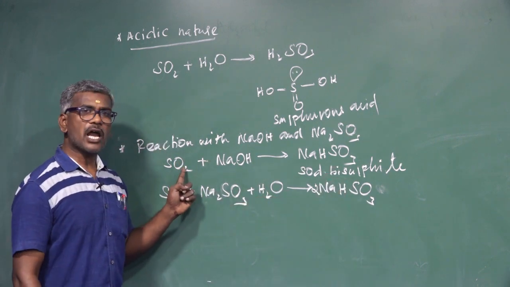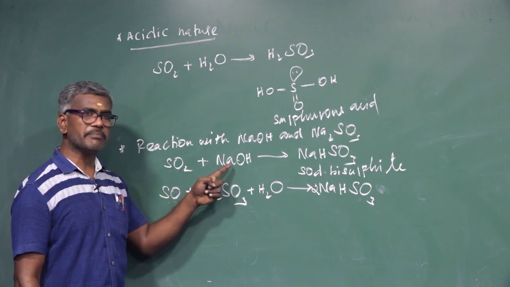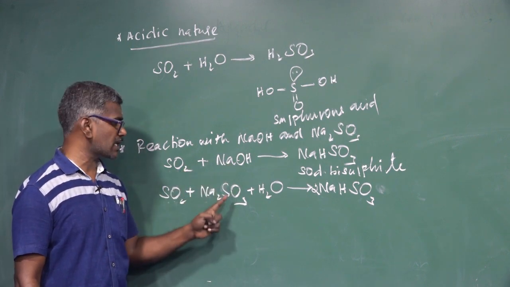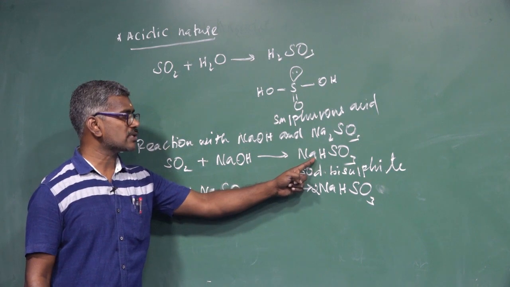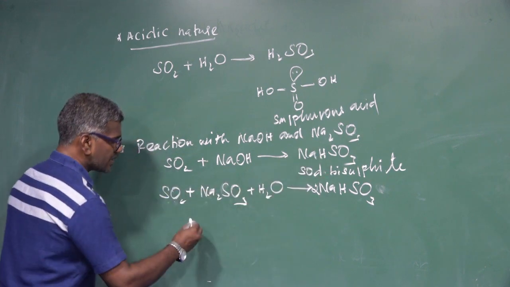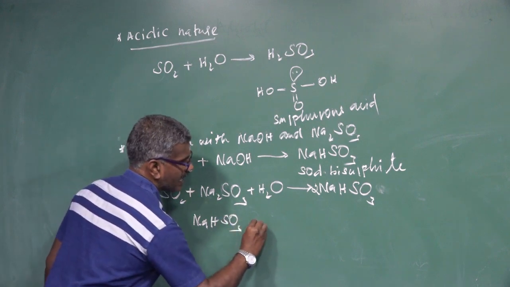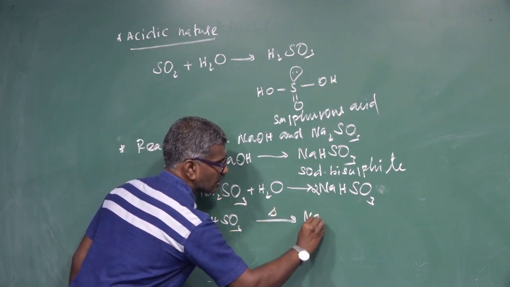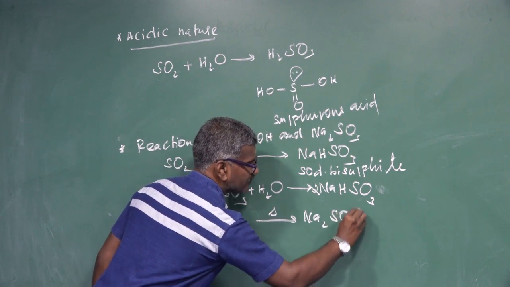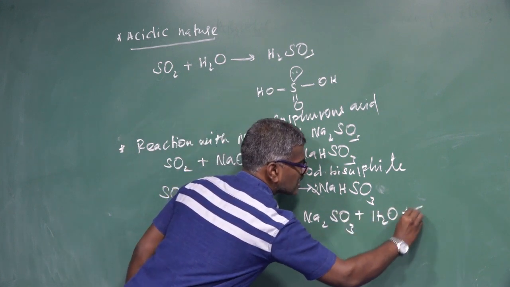It is a non-metallic oxide of acidic nature, which reacts with a base, that is NaOH and sodium sulfide, to form sodium bisulfide. This sodium bisulfide is heated again to form sodium sulfide plus water plus CO2.